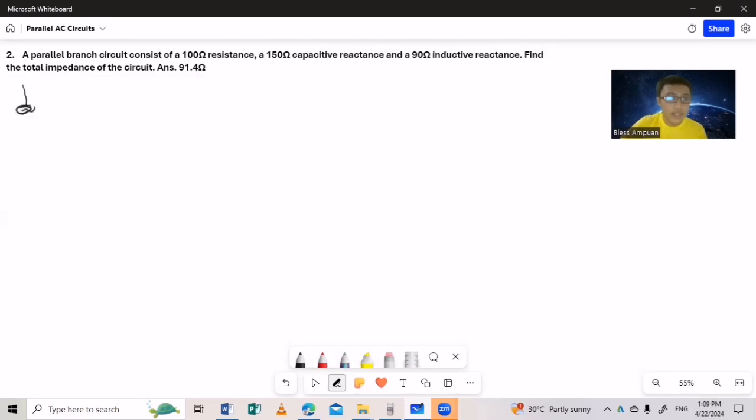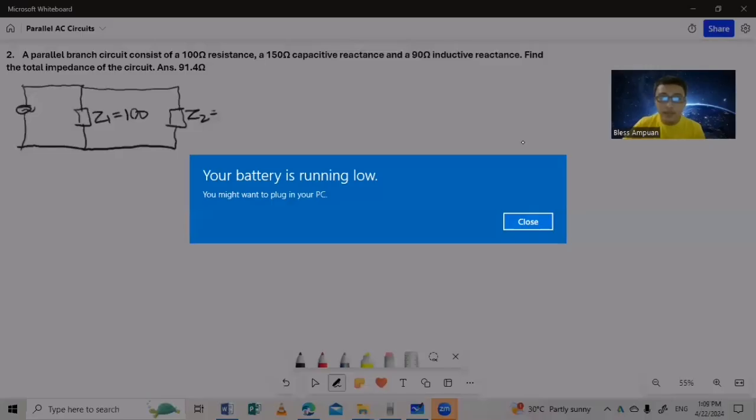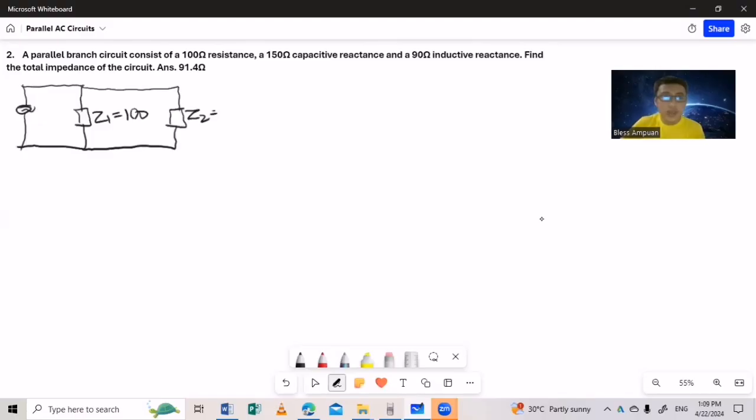So we know that in the problem, this is just our supply voltage. Our first impedance, Z sub 1, is pure resistive since we are given 100 ohms. Then our Z sub 2 is equal to 150.